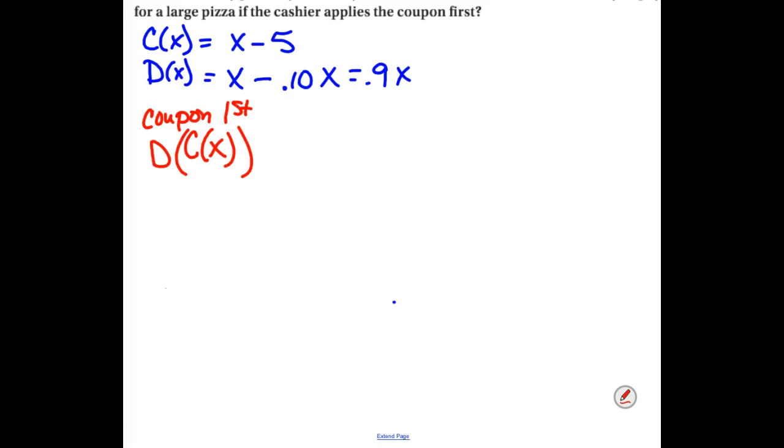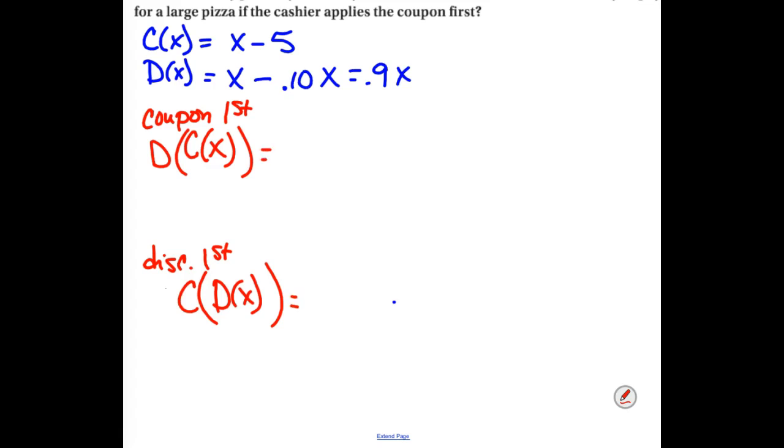If we do the discount first, we are saying take the discount off your original price, and then whatever that bill is, apply the coupon to that. So we need to do both of these compositions.